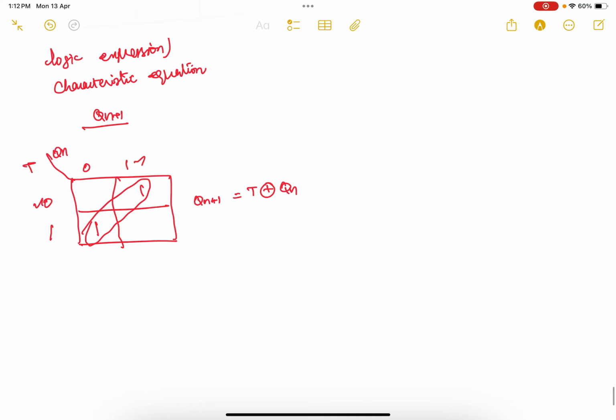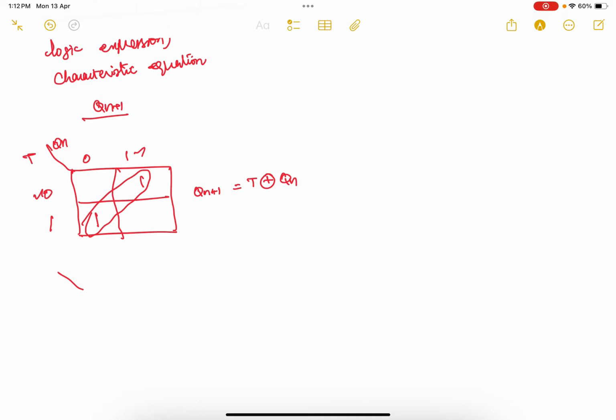Otherwise, if you are unaware of this, we can also group like this way. This is your T, and here Qn 0 1, and this is 0 1. Here I am having 1.